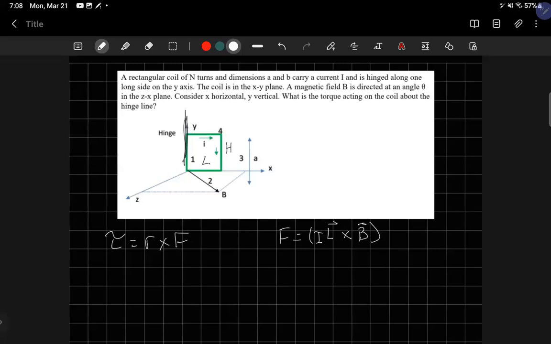Let's work with that and see where that takes me. And now it says it has N turns, so that's going to change this up a bit. So we're going to get N, however many N is, of this R cross F, R being, what is it, 2, I guess? I'll just leave it as R for now, cross I, L cross B. And that would be a vector 2.